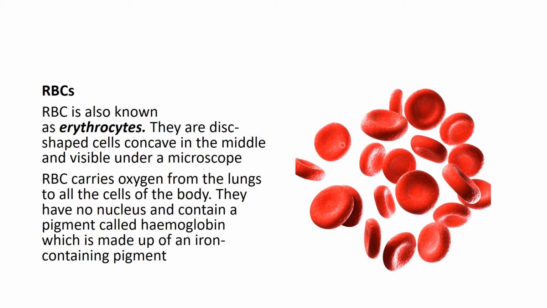RBCs carry oxygen from the lungs to all the cells of the body, and they have no nucleus and contain a pigment called hemoglobin, which is an iron containing pigment. That is why if a person suffers from anemia, it is recommended that the person take an iron rich diet.